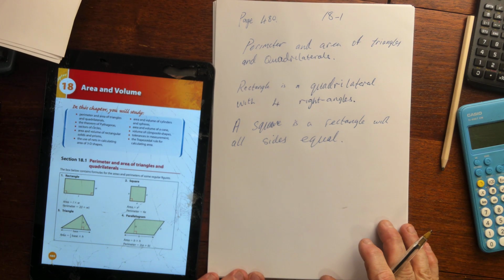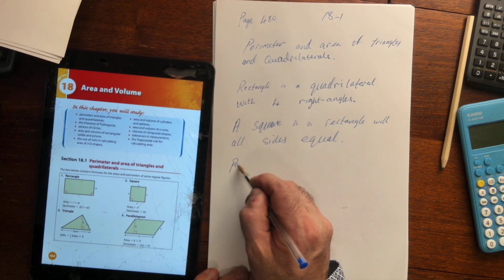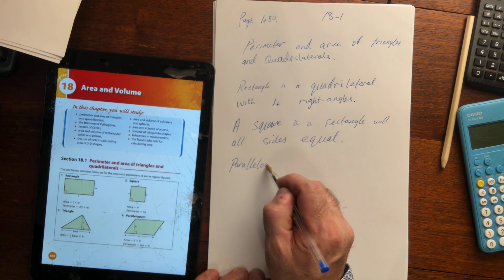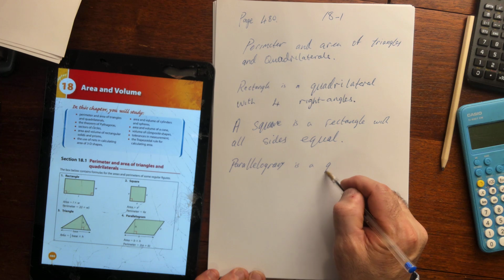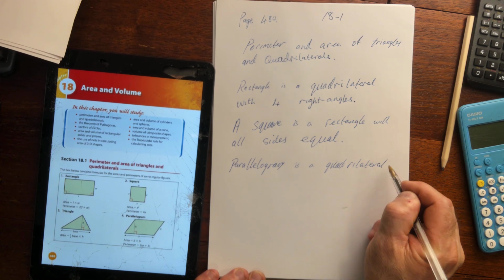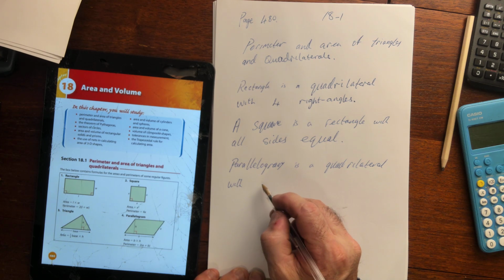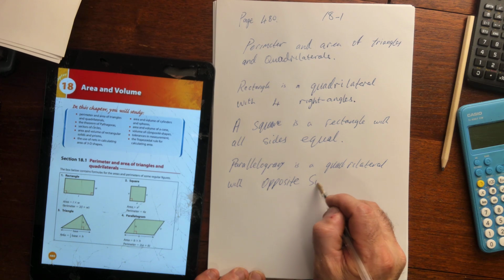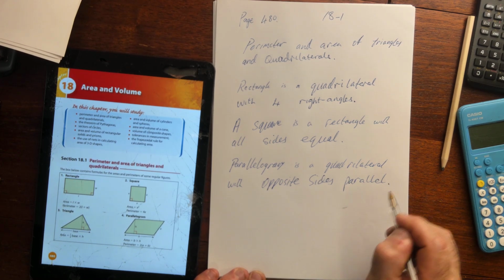Okay, a parallelogram is a quadrilateral with opposite sides parallel.